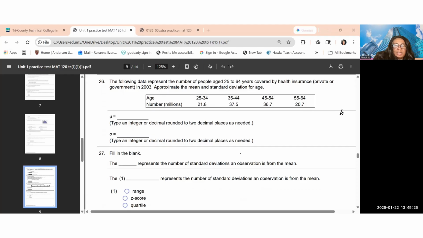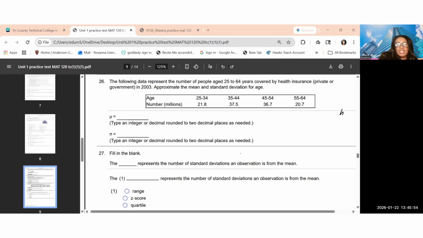So then I will extend this column. And how many classes do I have? 1, 2, 3, 4 classes. All right, so the ages started from 25 to 34. The number in millions is 21.8.